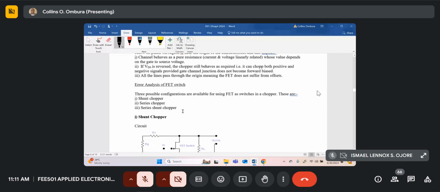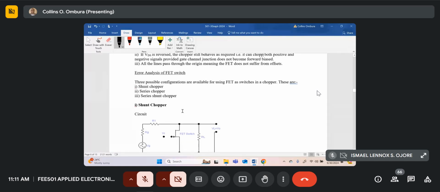So now let's consider errors caused when using the FET as a switch. There are three possible configurations, or three possible arrangements, of the FET switch when used as a chopper.